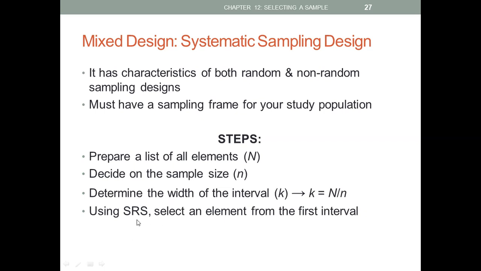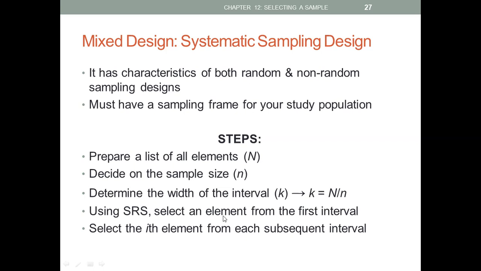And then we are going to randomly select the first element, one element from the first interval, the first k. How do we do that? Yes, we can use simple random sampling methods. As you remember, there are 3 simple random sampling methods: the fishbowl method, the computer program method, and the table of random numbers method.